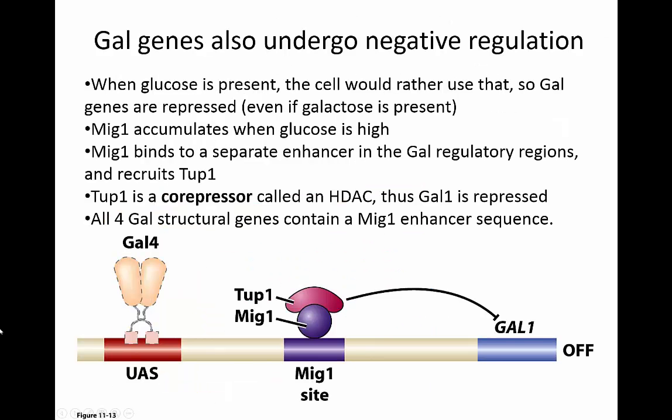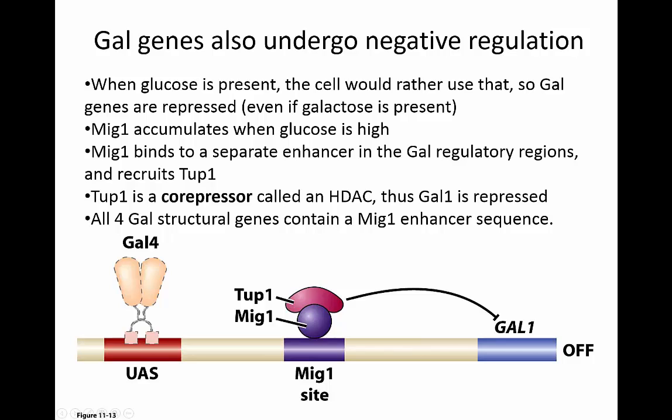There's a second regulation system that is also in play here, and this is very similar to what we found with the lac operon in bacteria. Just like with the lac operon, yeast cells would also prefer to use glucose rather than galactose, since glucose can go directly into glycolysis and doesn't need these conversion steps.